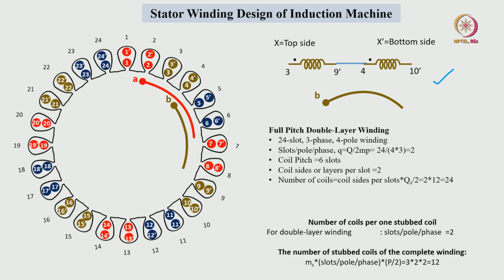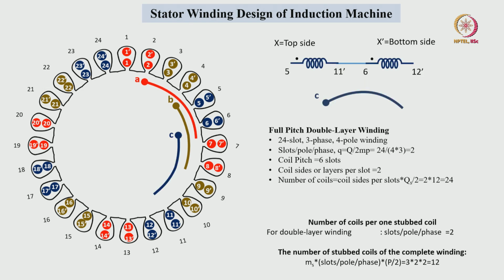Next, the stubbed coil with respect to the second phase I am representing with B. So, the coils which are placed in slot number 3 top side, slot number 9 bottom side, slot number 4 and slot number 10 we are making as one stubbed winding, starting will be 3 and ending will be 10 dash.